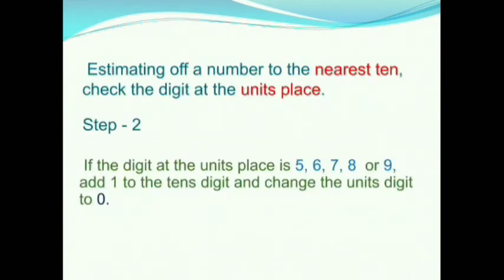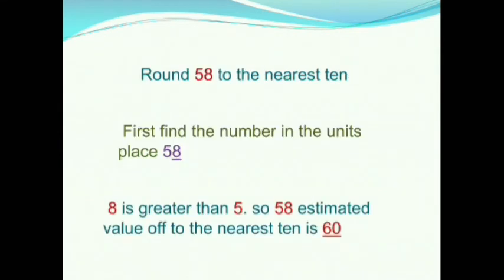Step 2. If the digit at the units place is 5, 6, 7, 8 or 9, add 1 to the tens digit and change the units digit to 0. Let us understand with the help of an example. Estimate 58 to the nearest 10.